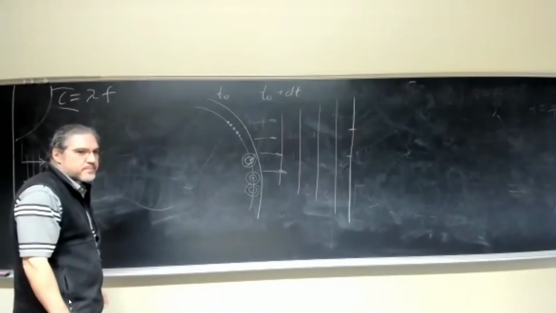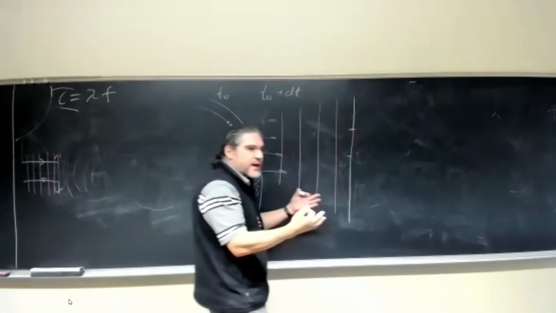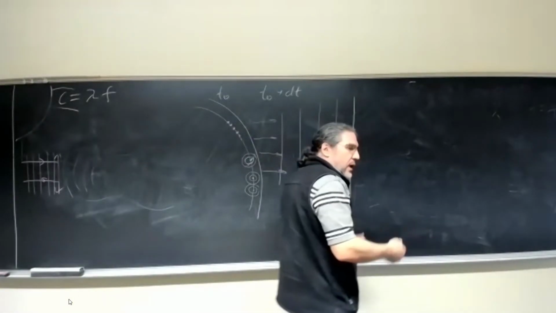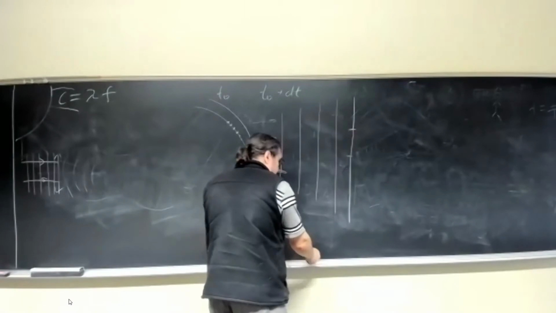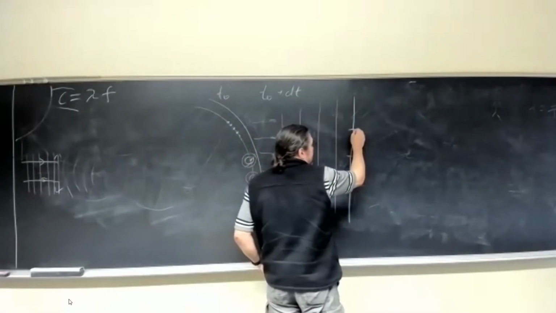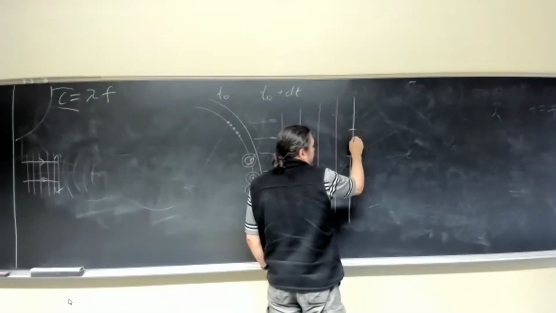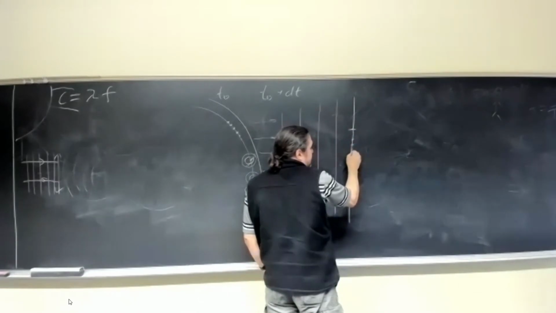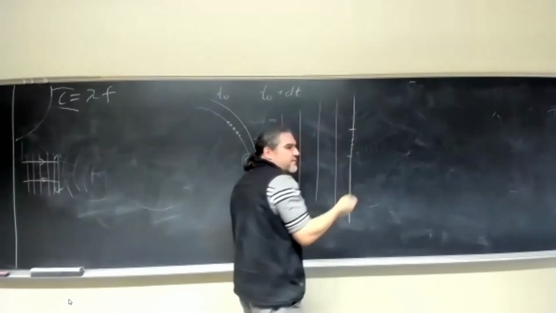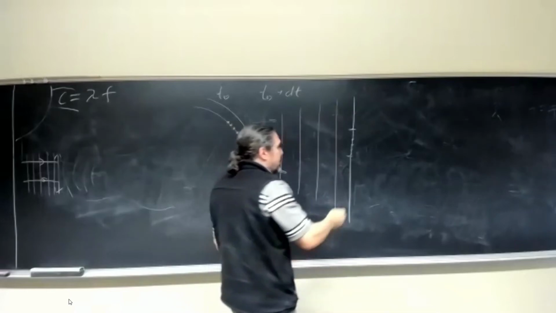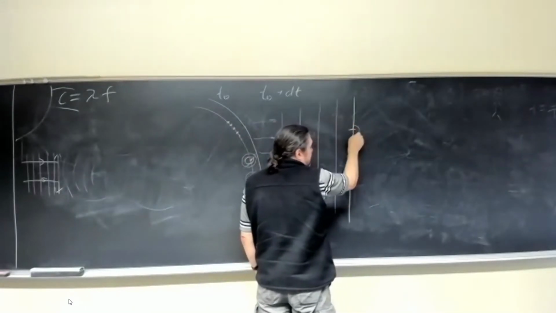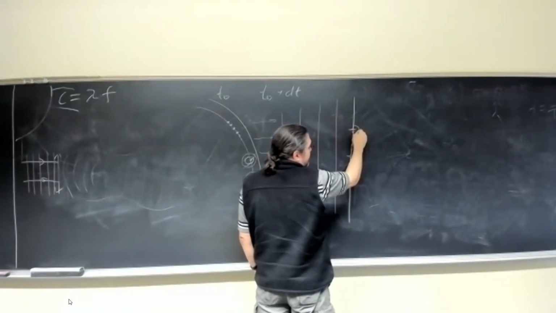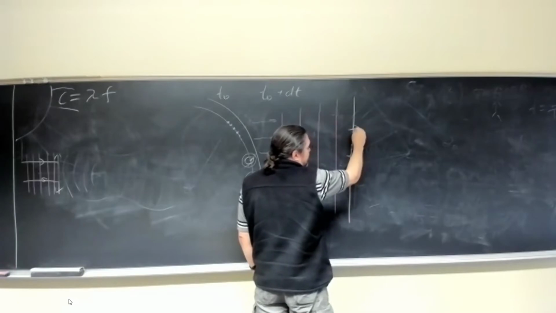Okay. So I want to know how it propagates further. And according to Green's picture of Huygens principle, I need to think about it as a bunch of point-like sources and just draw wavefronts from each of those sources. So it will look like this. This is a wavefront coming from this source. This is a wavefront coming from the next one.